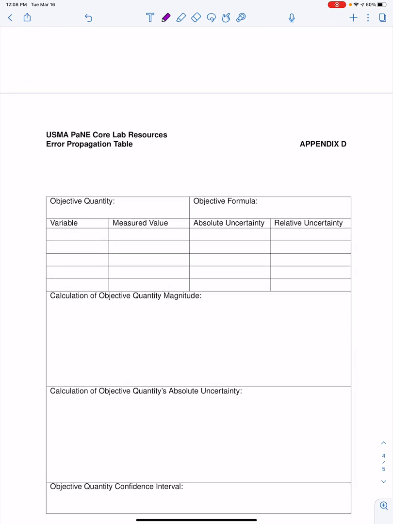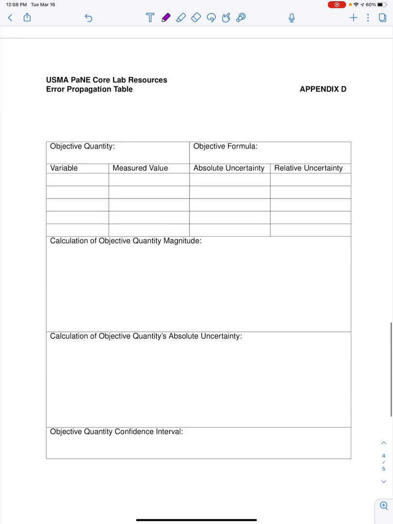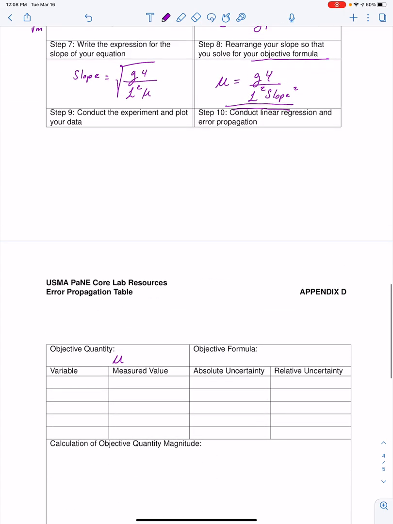Now for the error propagation table. So we are trying to find the objective quantity. The objective formula is this equation right here, G times 4 over L squared, slope squared. Because we have this objective formula, we need to find the variable of G, L, and the slope. All these three have a measured value, and they also have an absolute uncertainty.